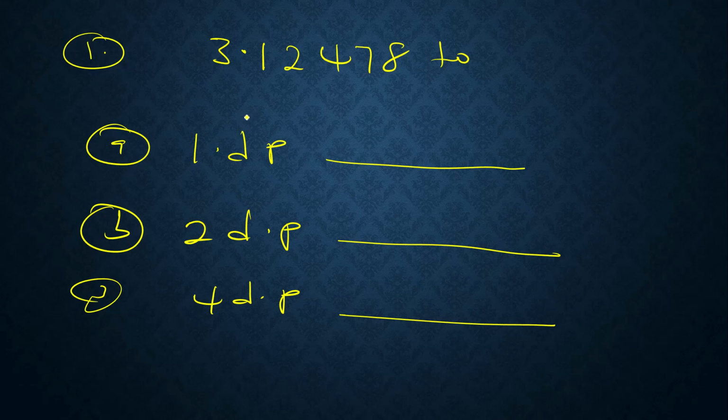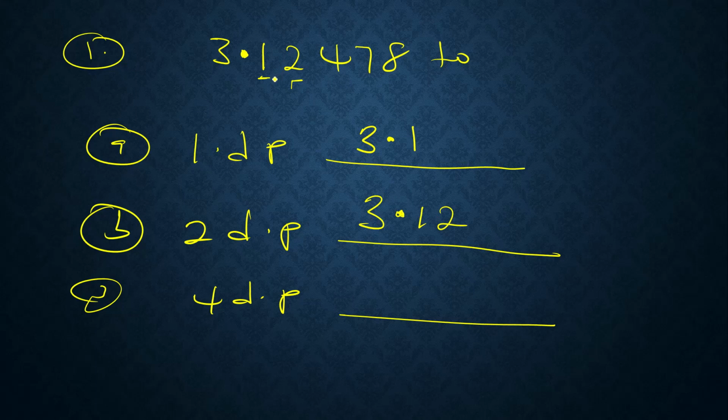With 1 decimal place, look at the point. This is 1 decimal place, so we have 3 point 1. The next number is less than 5, so I will ignore that. So 3.1. For 2 decimal places, 1, 2, the next number is 4, so this one will be 3.12.